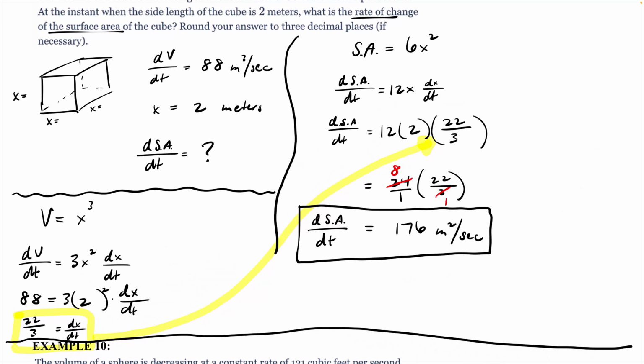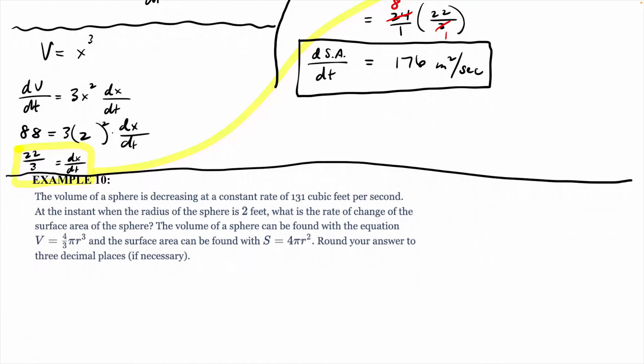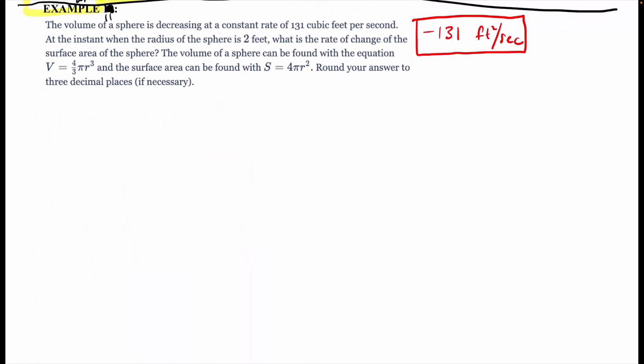Okay, so I want you to do the last question, number 11. I want you to do number 11 right now on your own. Okay, all right, so volume of a sphere, so we got a sphere. The volume of a sphere is decreasing at a constant rate of 131.